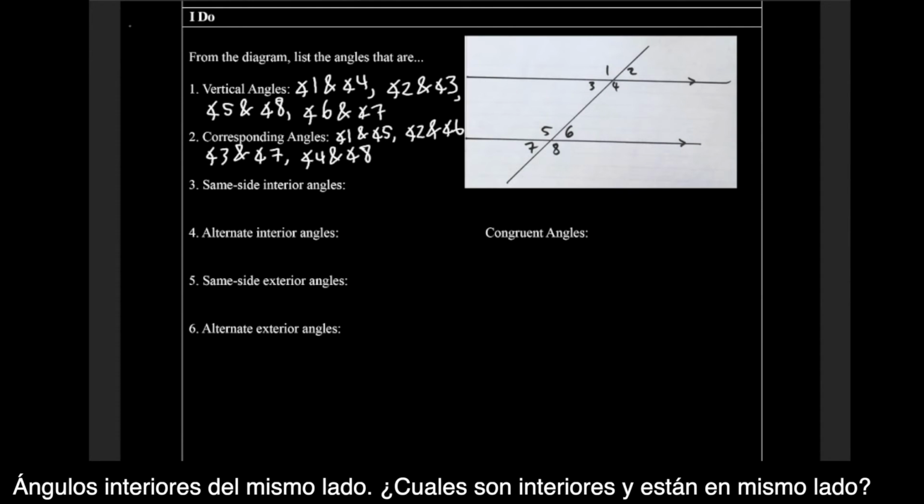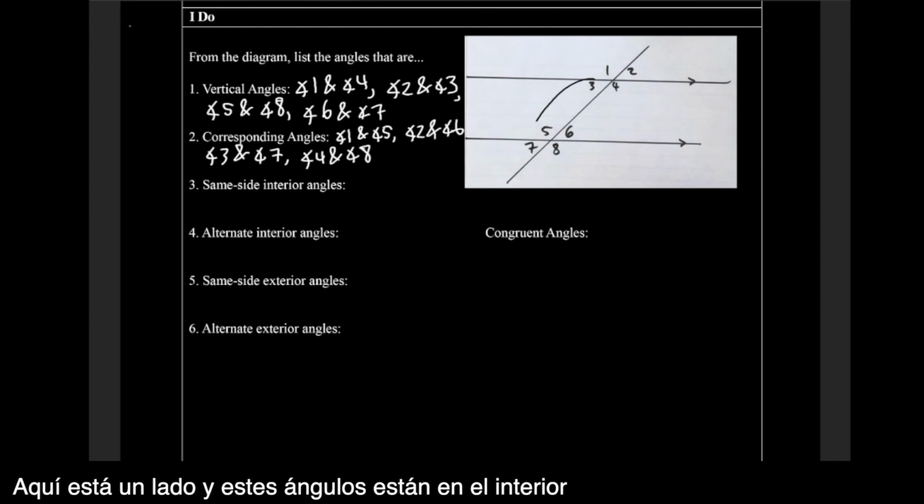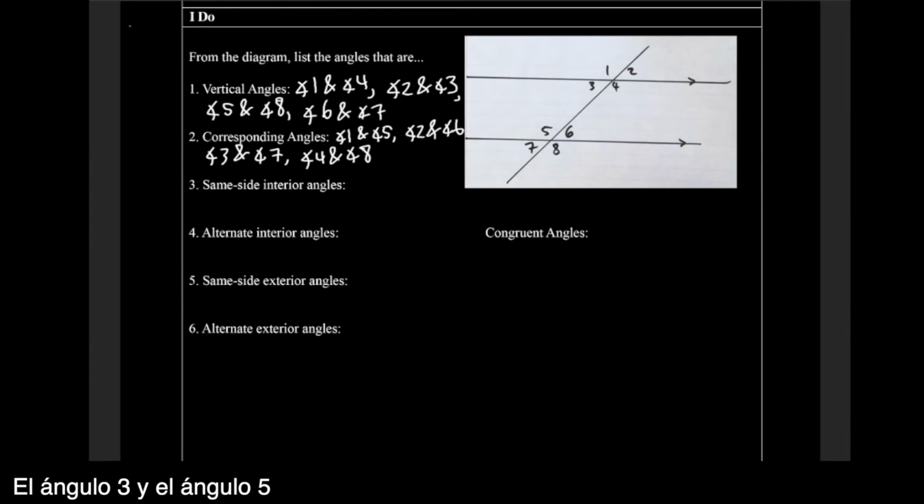Okay, same side interior. Let's see what's inside and on the same side. Those are inside, so 3 and 5. Angle 3 and angle 5. The other insides we have 4 and 6. So we got angle 4 and angle 6.